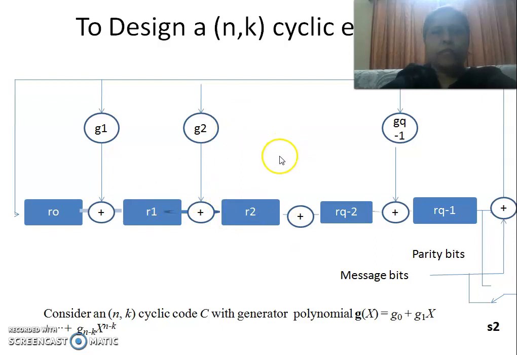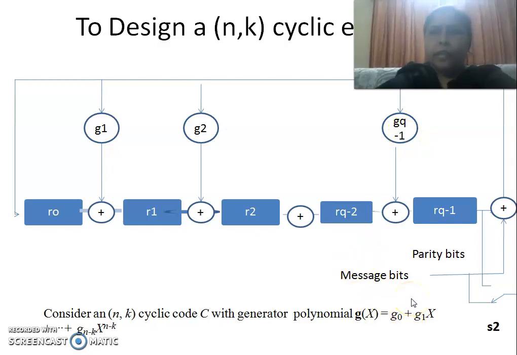In this encoder, we have n minus k number of registers, and these registers are connected with the help of switch S1 through other switches G1, G2 up to G(Q minus 1), where Q represents the n minus k value.